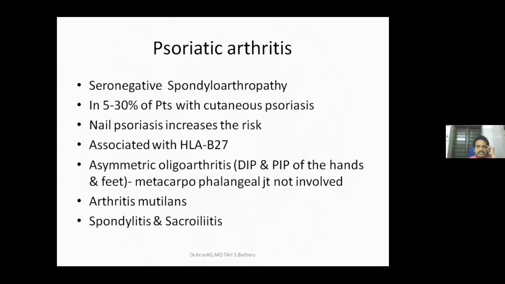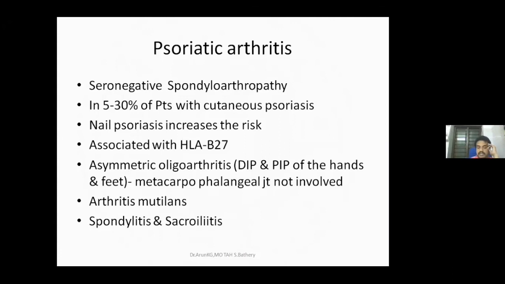Psoriatic arthritis is there. We all know psoriatic arthropathy is associated with HLA-B27, and it's an asymmetric oligoarthritis. Here distal interphalangeal joints and proximal interphalangeal joints will be involved, and the chance of arthritis mutilans is much more, due to that much derangement of joints.